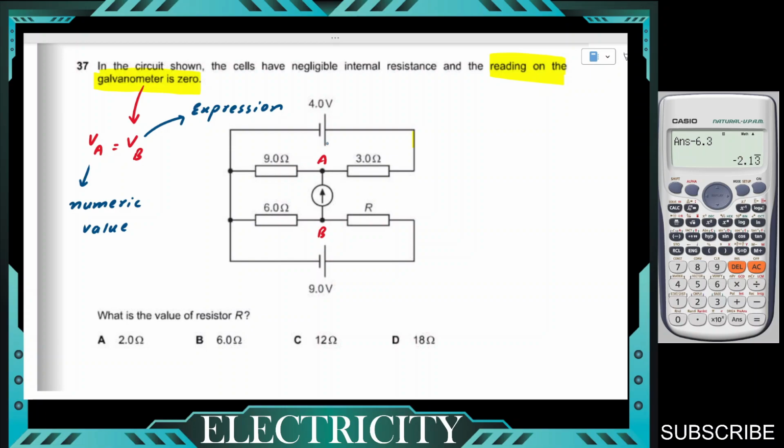Now, a very popular mistake, even if you think that you have done the topic and you would be able to solve the question, is that you have to follow the direction of the conventional current. The current flows through here, and this side would be at voltage plus 4, and the other one would be at 0 volt.